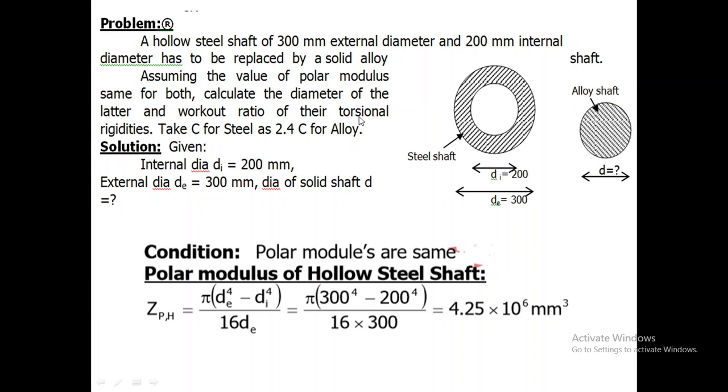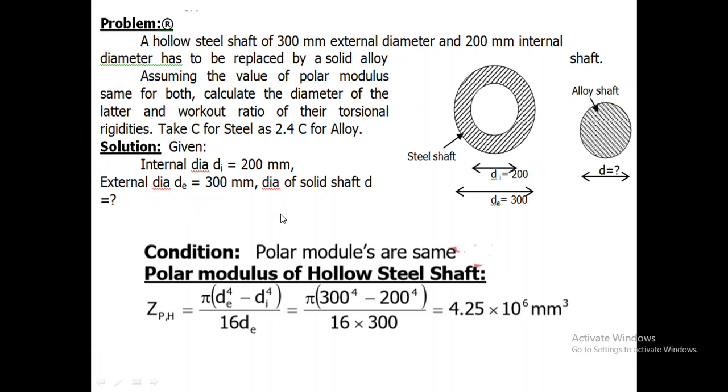So the product of modulus of rigidity and the polar moment of inertia, G into J, is called torsional rigidity in this case. Again the formula remains the same, it's the torsion equation only. With that equation we have to do whatever problem is asked here, and you have to satisfy all the conditions in the problem.